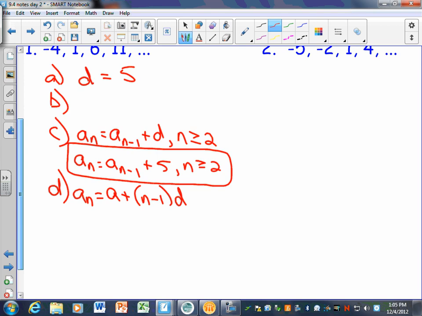Explicit sequence. Again, n is not going to change. You're trying to write the nth formula, but everything else should be a number. What does A represent? If you don't know, go back to the previous slide and look at it. Look at that whole slide and tell me, what does A represent?